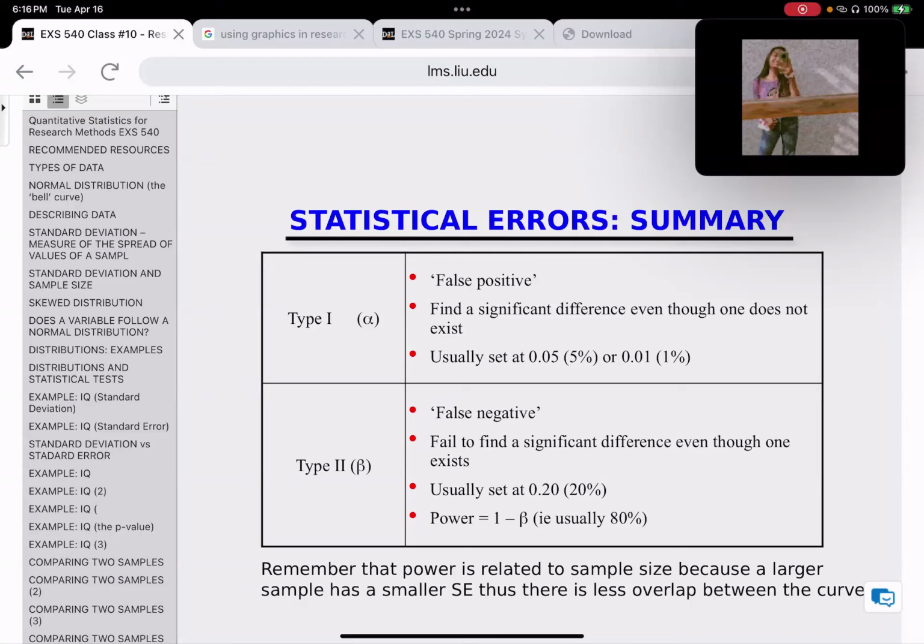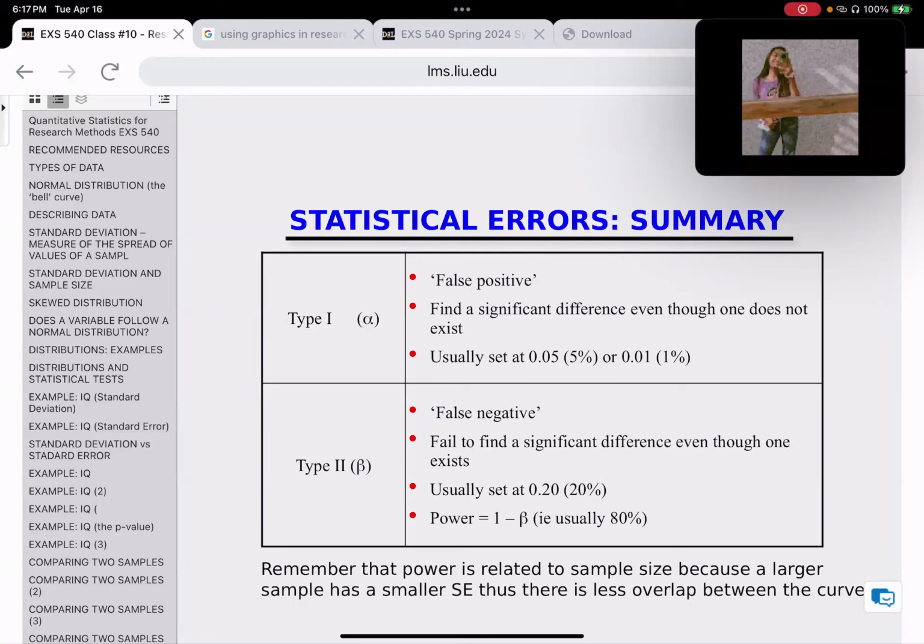And it doesn't have an influence in, let's say, the clinic, or it doesn't have a broader applicability. So the type 1 error is when you find a significant difference in your data, even though one doesn't exist. And often that is due to the fact that you set your alpha or p-value level a little bit higher than what would be expected.